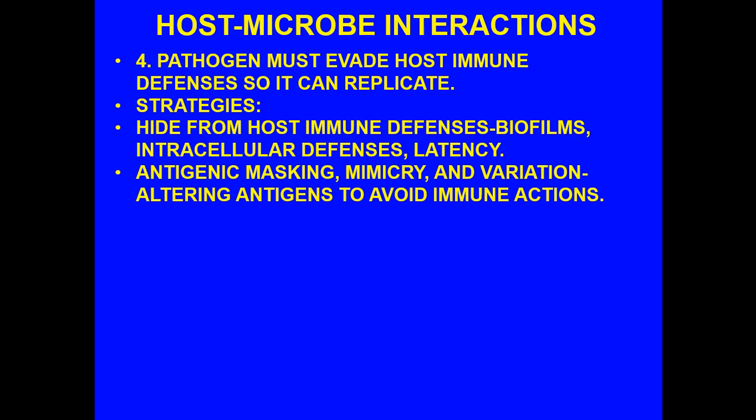Then there is latency. There are also other characteristics we call antigenic masking, mimicry, and variation. What some, for example, Leishmania and several parasitic worms, will do is change the outside antigens of their exterior to avoid the immune actions. Sometimes they'll switch it up day in, day out, or every few days or every few weeks.